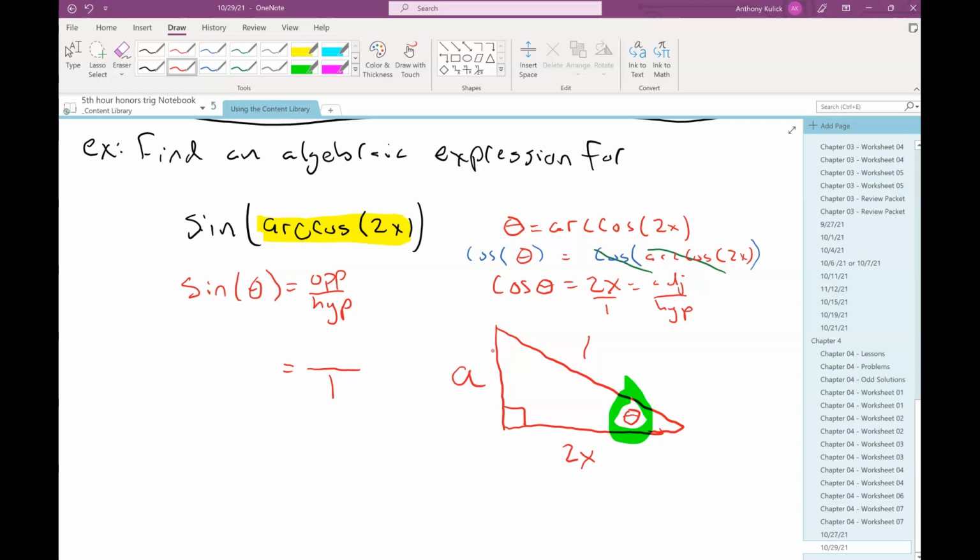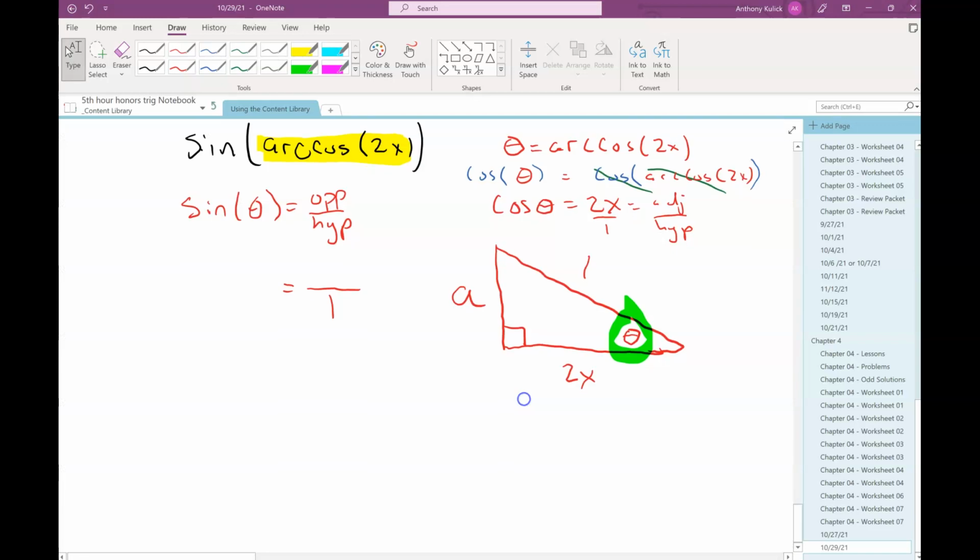A squared plus b squared equals c squared. Everybody's good with that? Remember, the hypotenuse is always the c.